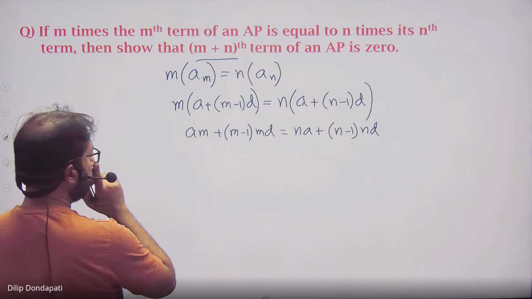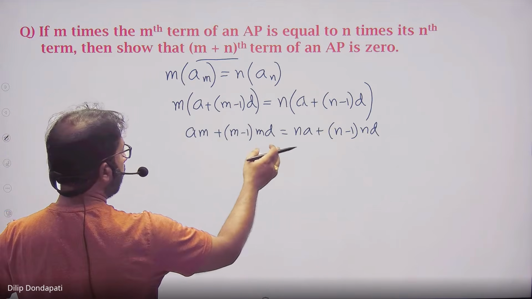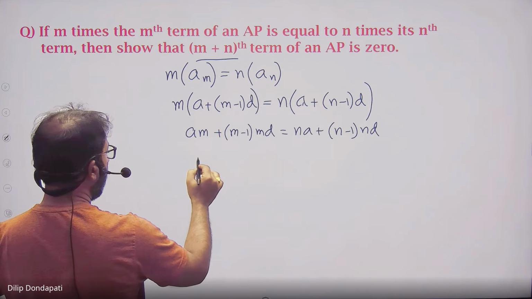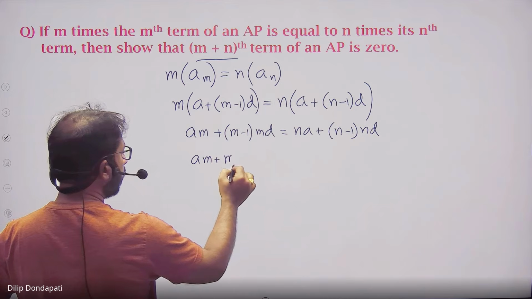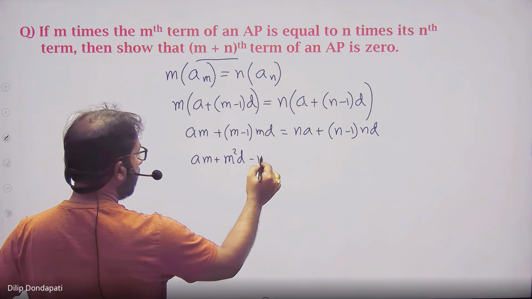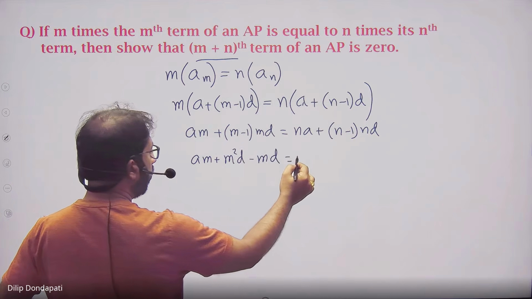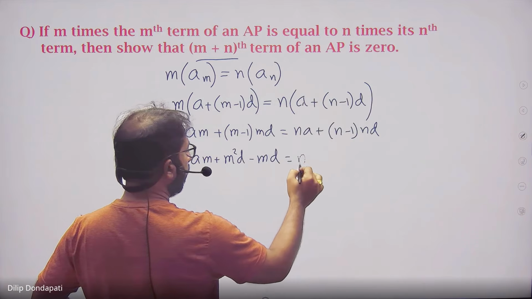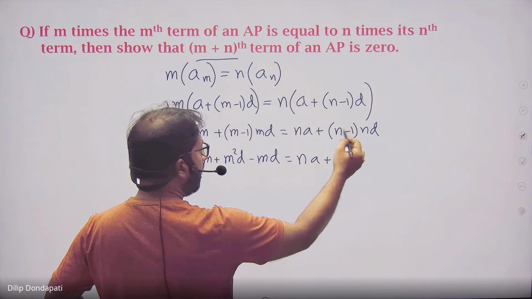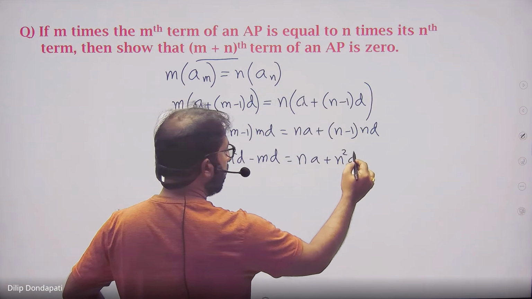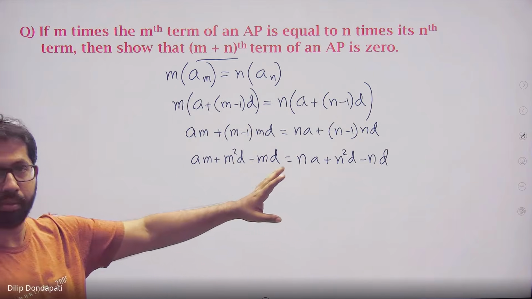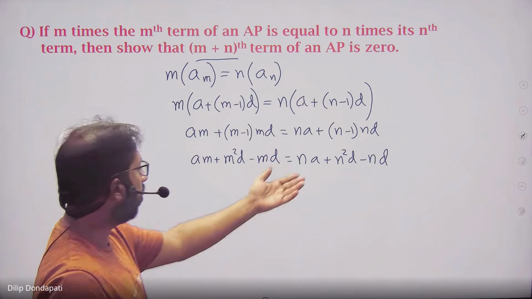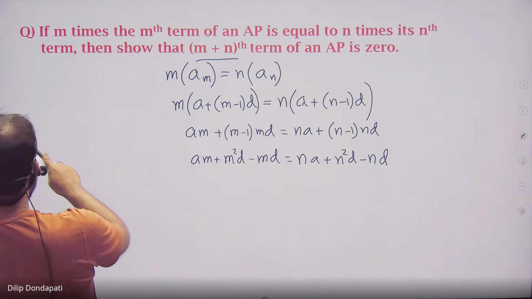Okay, multiply: am plus md into m is m square d, minus md, is equal to na plus nd into n is n square d, minus nd. I multiplied inside, each and every term. Okay, now I want to bring all to one side.